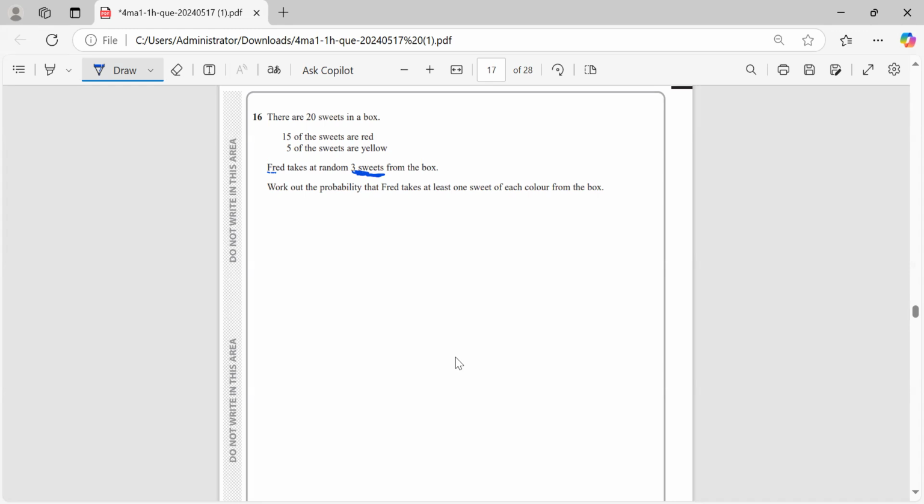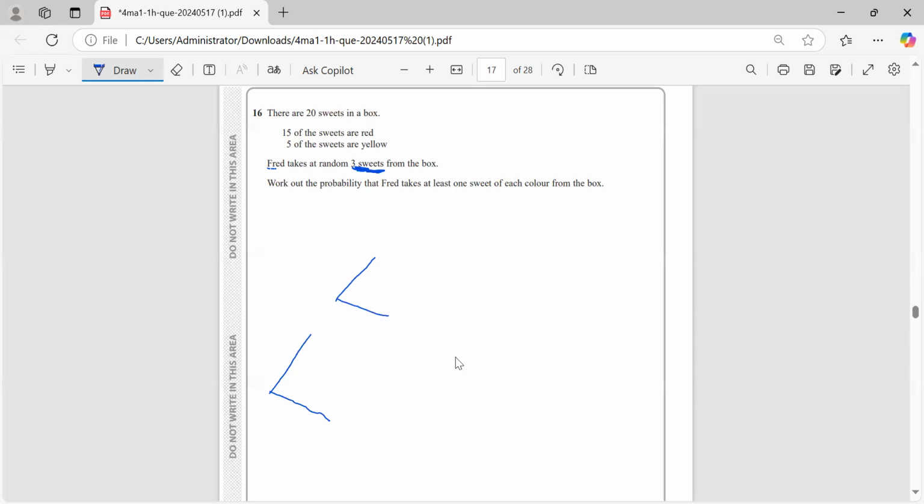So we're going to start with this probability whereby Fred picks the first sweet, right? And then we move on to the second probability whereby Fred picks the second sweet.